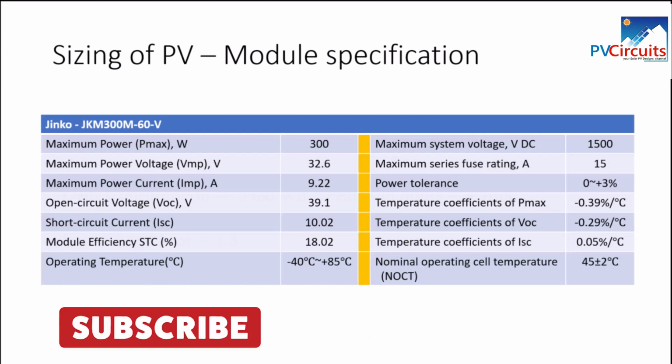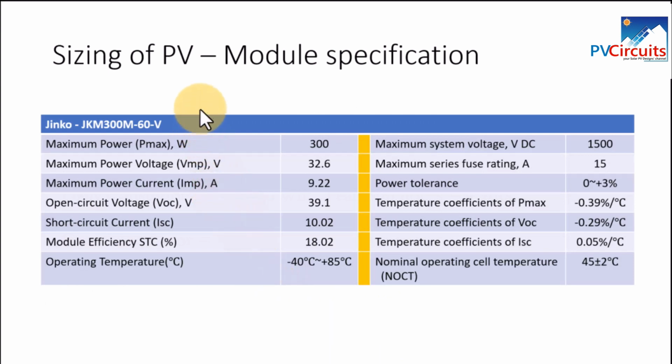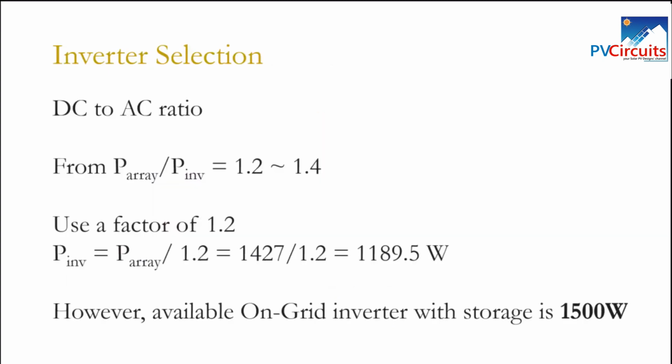So we want to use a module or a panel with this specification. This is a Jinko of 300 watts, and the other parameters are as listed. Then we determine the DC to AC ratio.